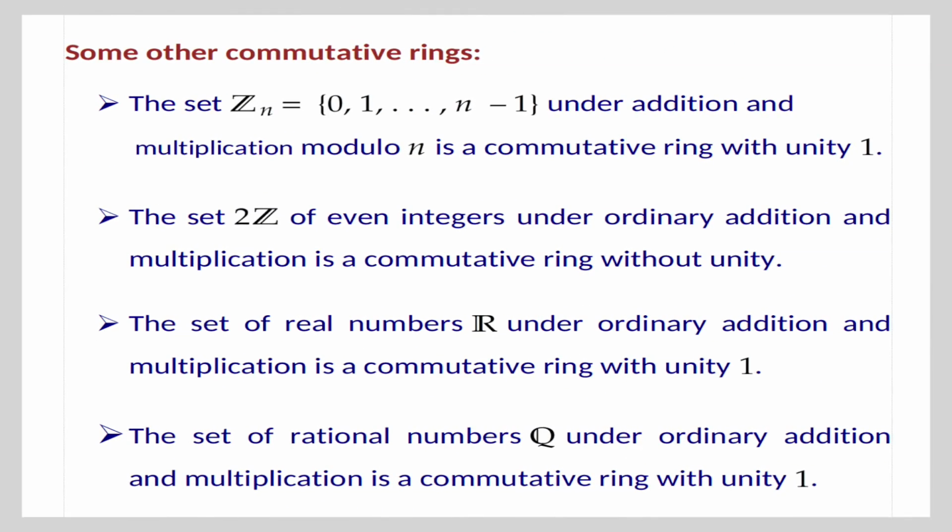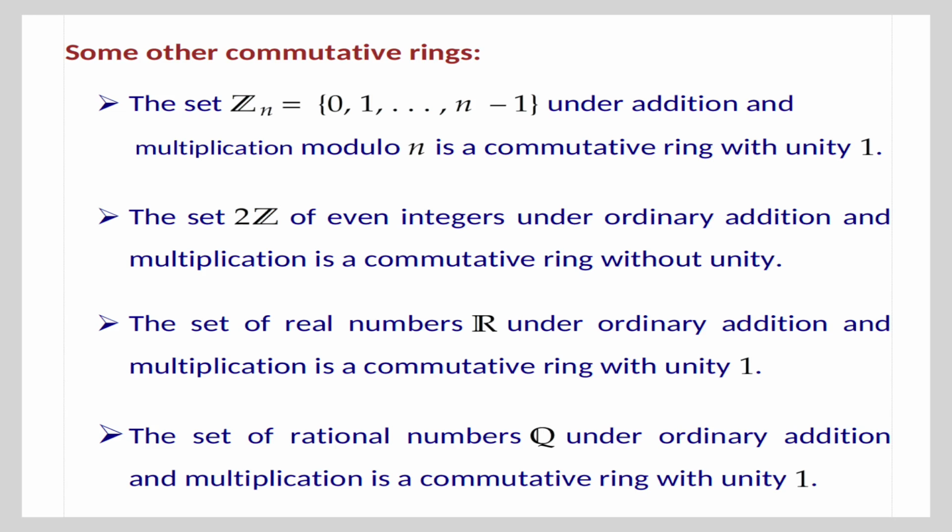Some other commutative rings are: the set Zn = {0, 1, ..., n − 1} under addition and multiplication modulo n is a commutative ring with unity 1. The set of units is U(n).